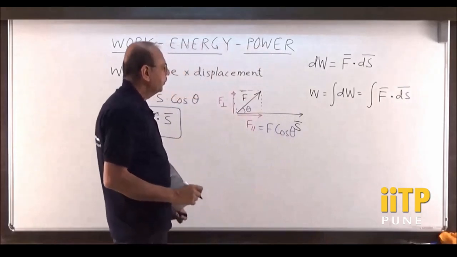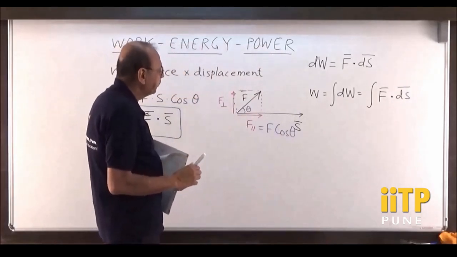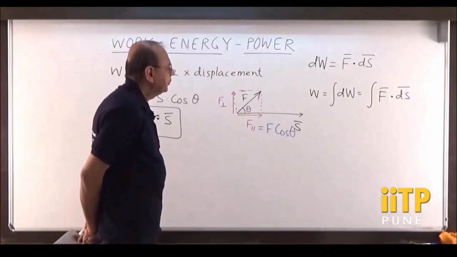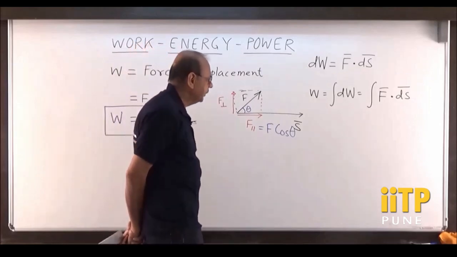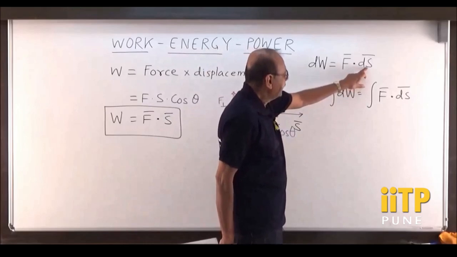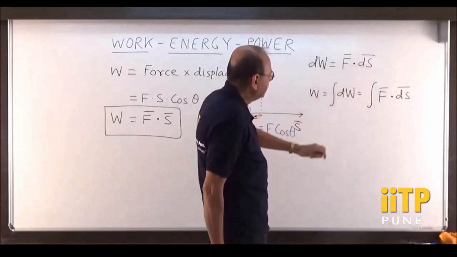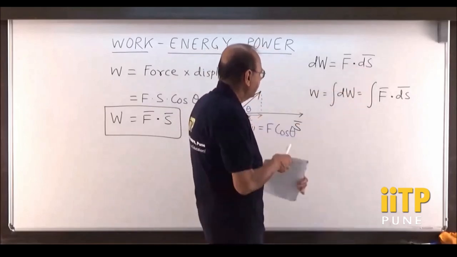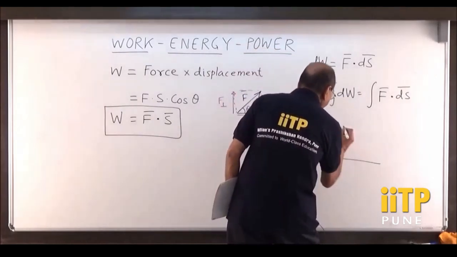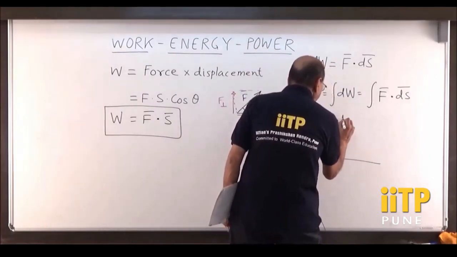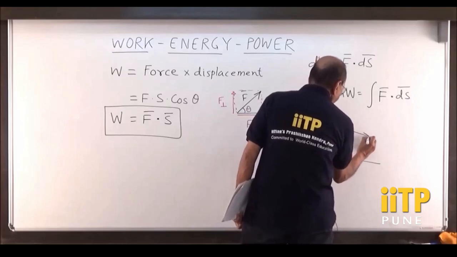Suppose I am going to express my positions in polar coordinates in terms of radius vector. In that case, my displacement will be the change in my radius vector. For example, suppose a particle is here, position 1, and it goes to position 2.